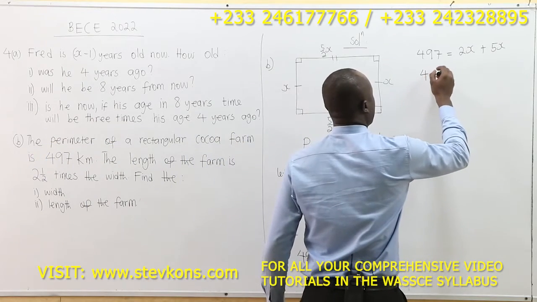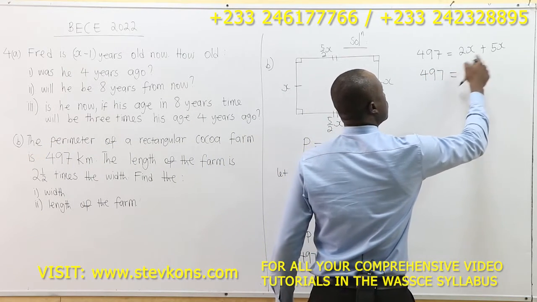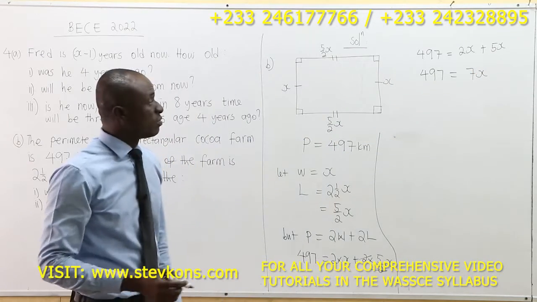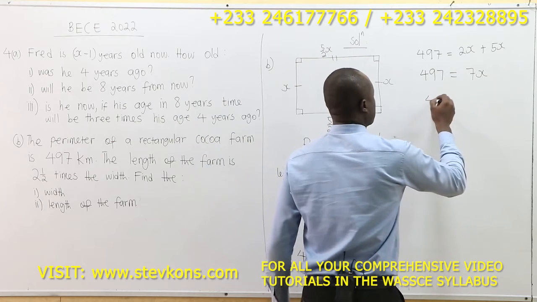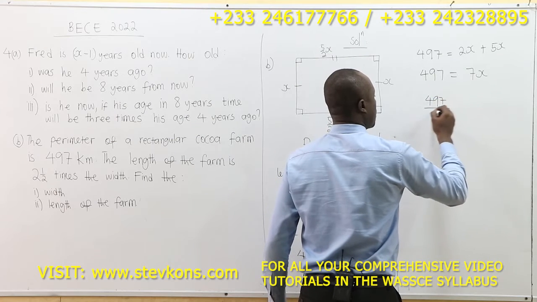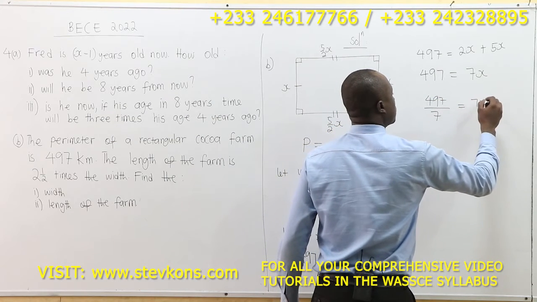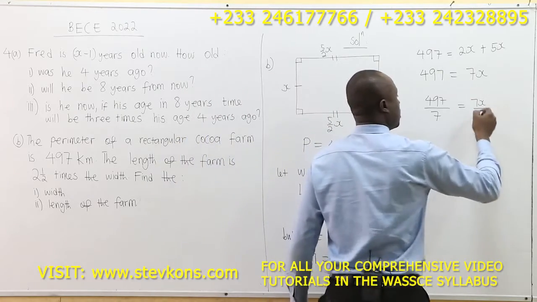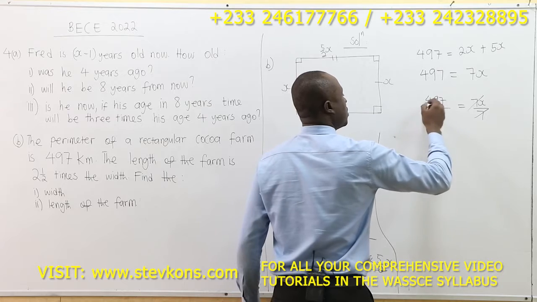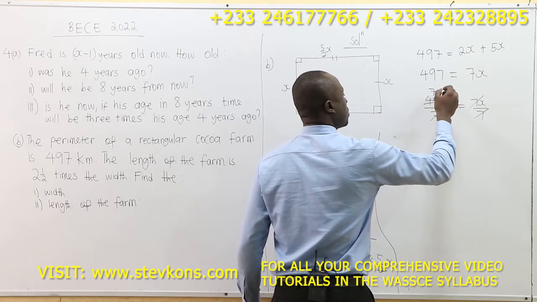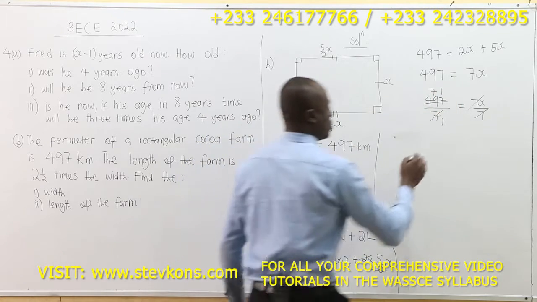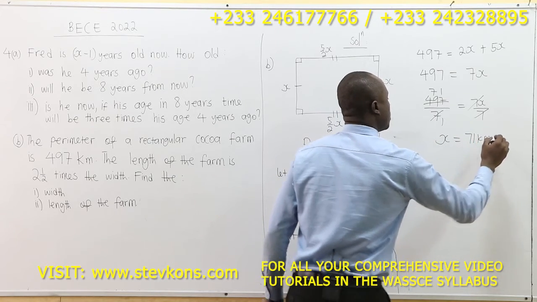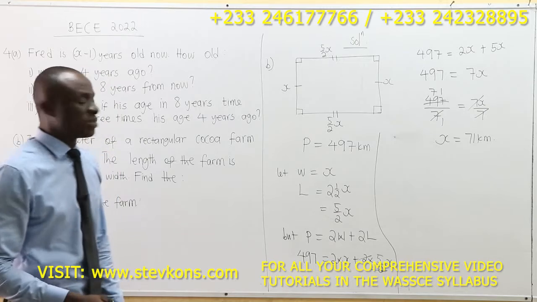So we have 497, 2X plus 5X, and that is 7X. We want to find X, so we divide both sides by 7. We have 7X over 7, and 497 over 7 is 71. So we have X to be equal to 71 kilometers. So that is our X.